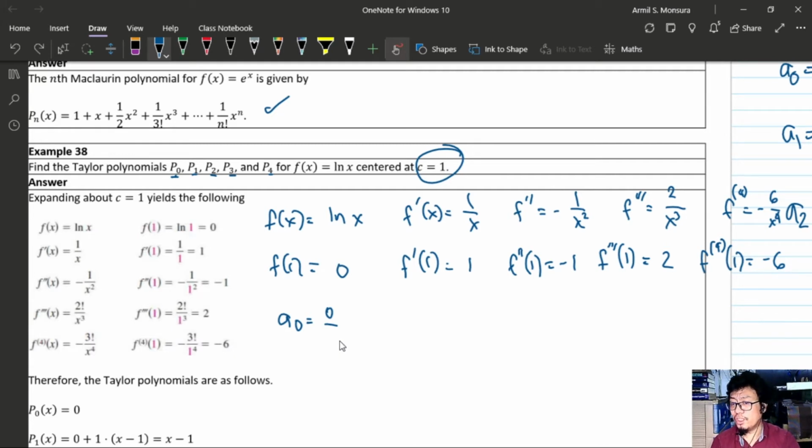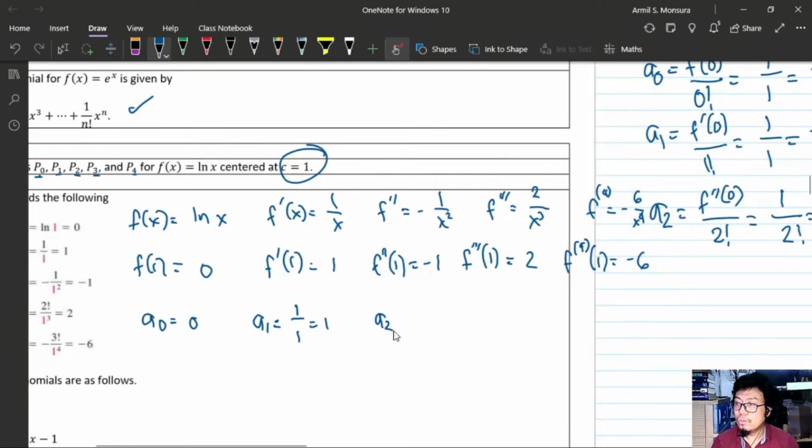Actually, this is 0 over 0 factorial. If you would like to generalize it, this is 0 over 0 factorial. So 0 over 1. Let's write it as 0. Then a1 is 1 over 1 factorial, or 1. A2 is negative 1 over 2 factorial, or 2.